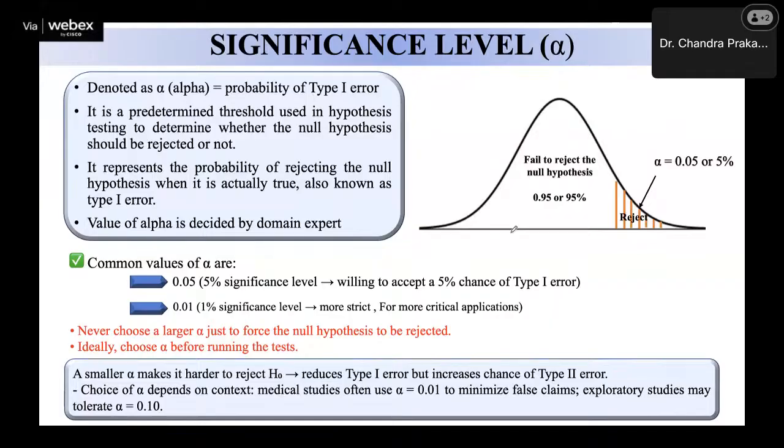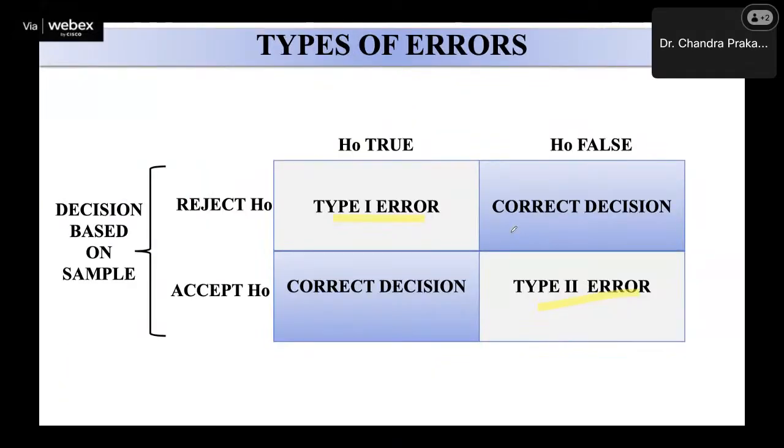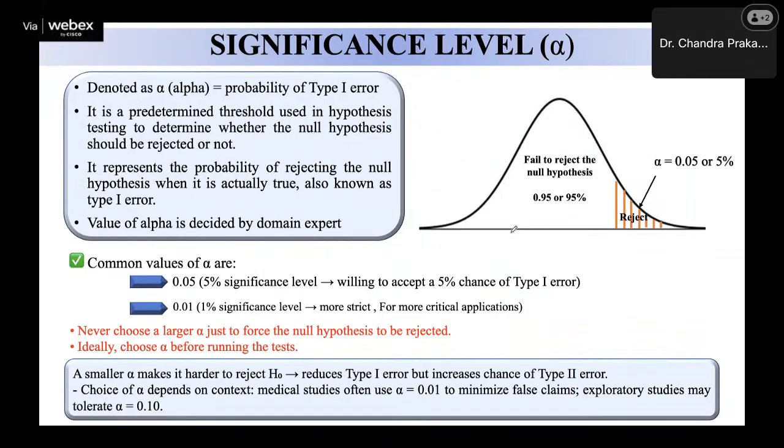Now, how do we say whether it is correct or not? For that we have the concept of significance level. It represents the probability of Type 1 error. As you can see over here, this is the distribution. The assumption is that I know the distribution, and this is a normal distribution.